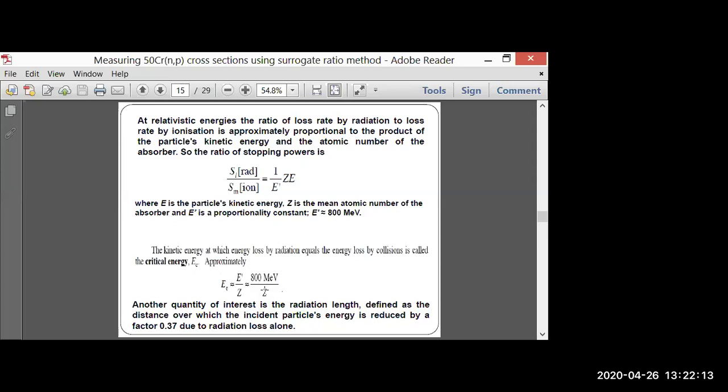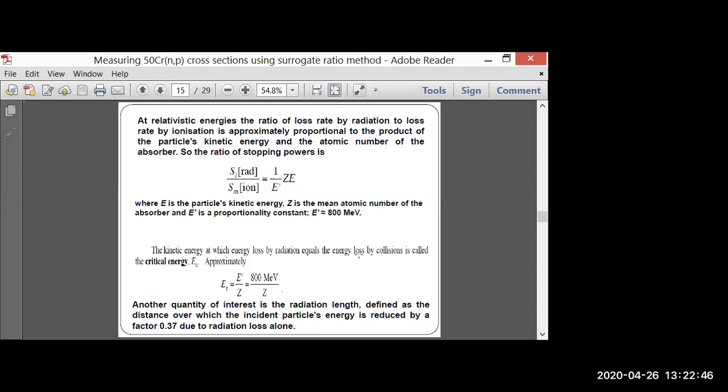If you shoot your incident particle with the critical energy, it means that the processes of radiation and ionization will carry an equal amount of energy loss. So the kinetic energy at which energy loss by radiation equals the energy loss by collision is called the critical energy. If you have equal loss between radiation and ionization, that incident energy is known as critical energy.